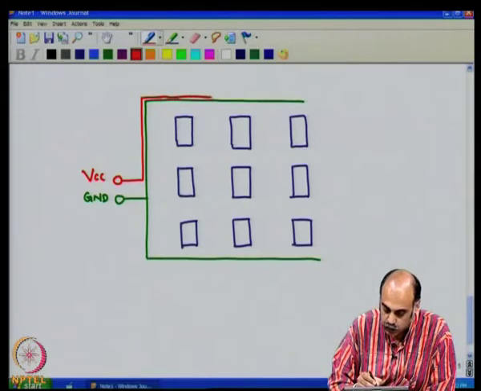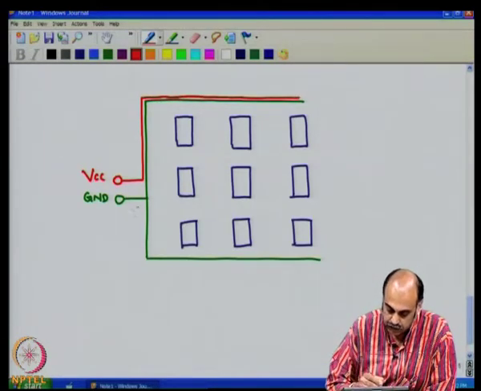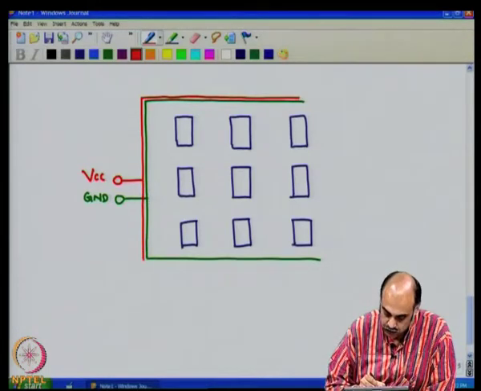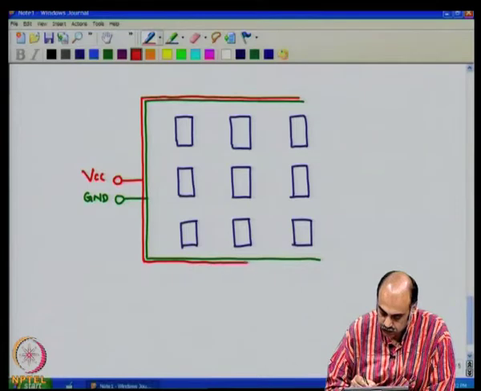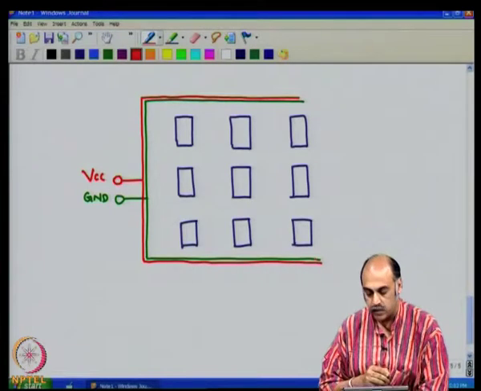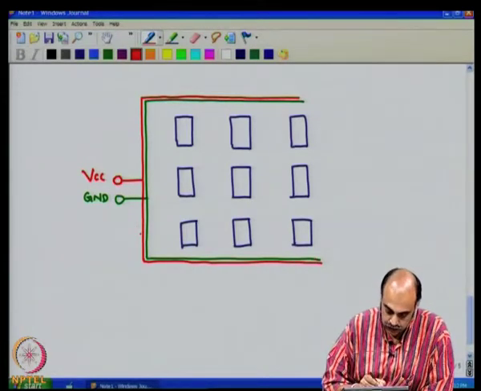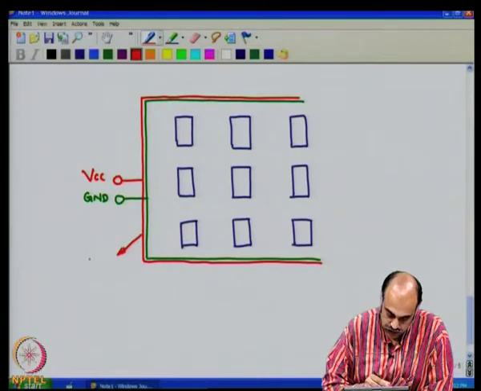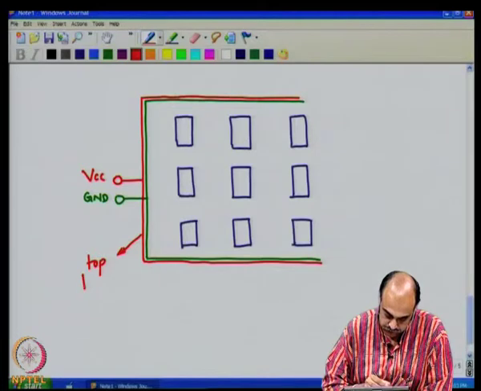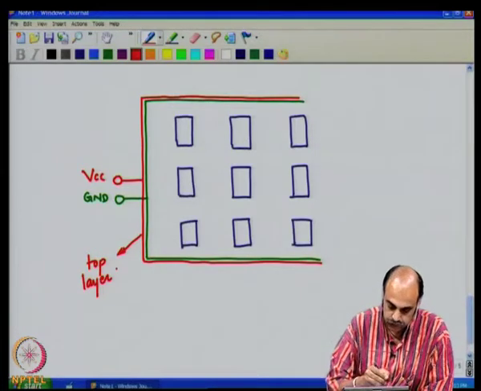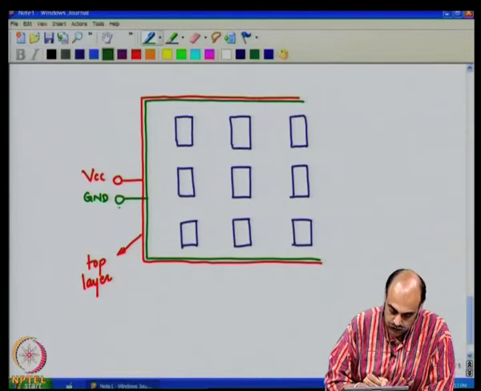I am not able to show overlap here, but what I am trying to indicate is make overlapping on the other layer. If ground is on the bottom layer, the red or the VCC is on the top layer. Ground is on bottom layer.